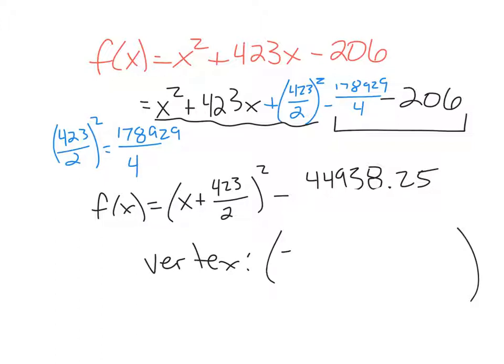Vertex is negative 423 over 2, comma, negative 44,938.25.